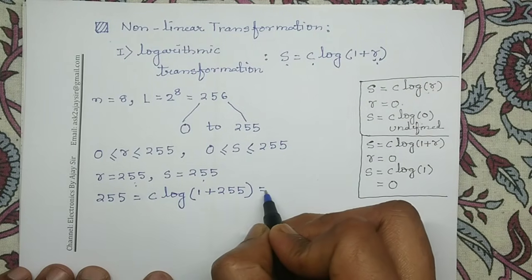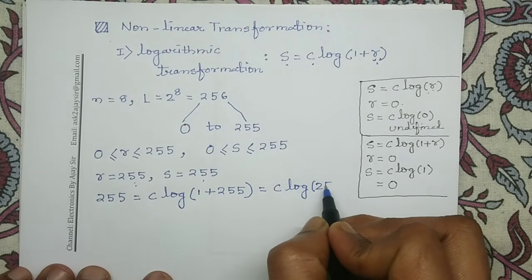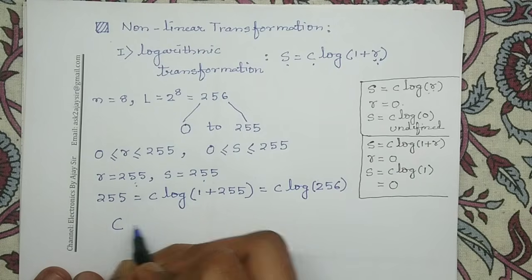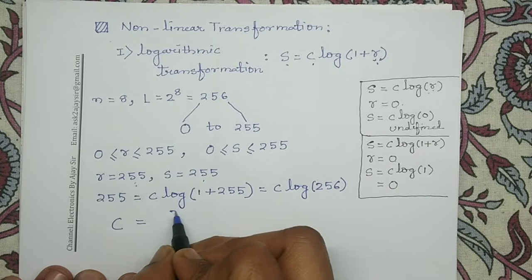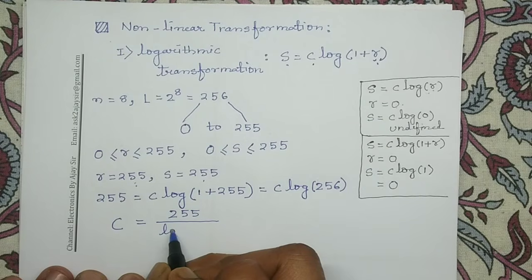If you simplify this, it is C log 256. And if we rewrite this equation, then C equals 255 divided by log 256.